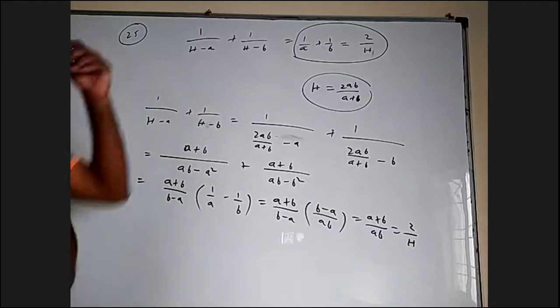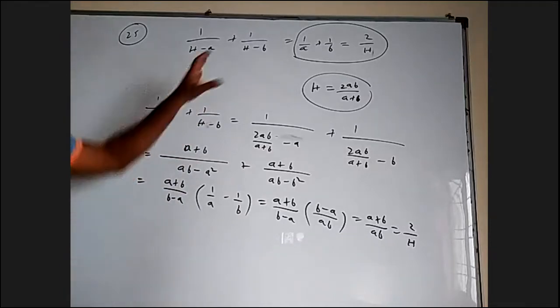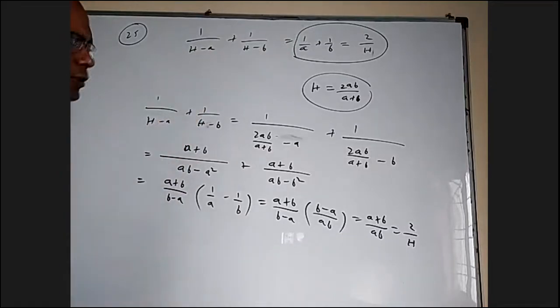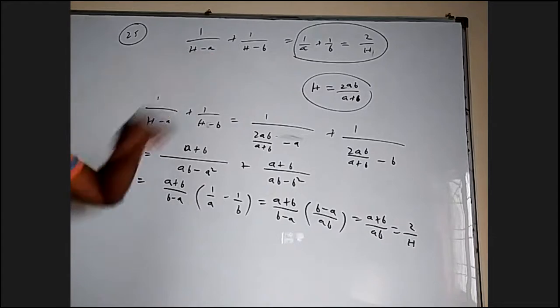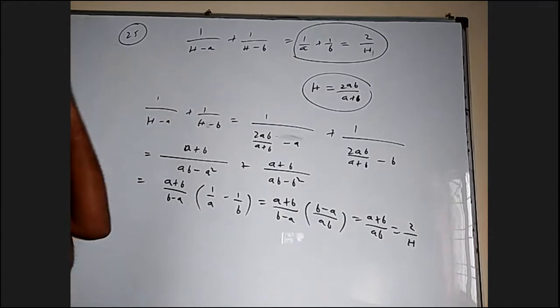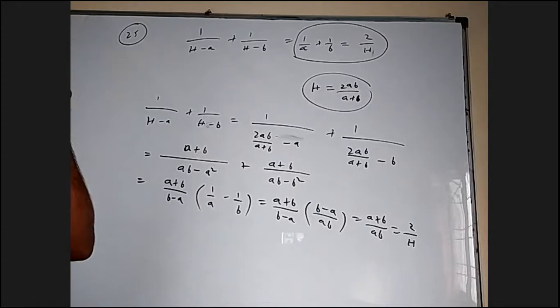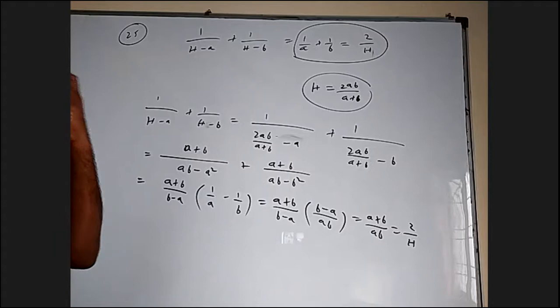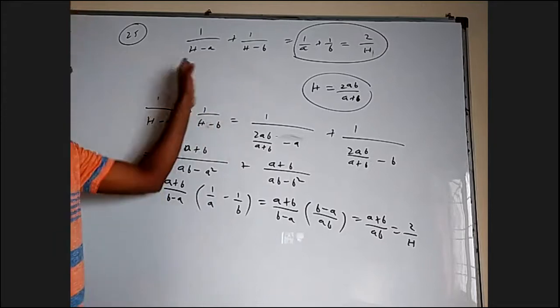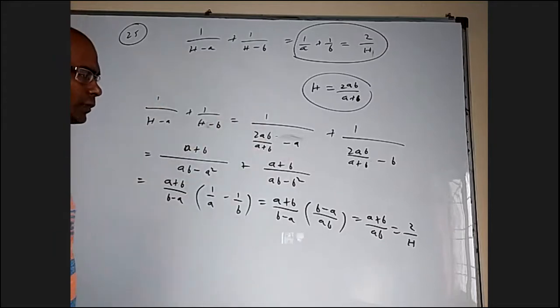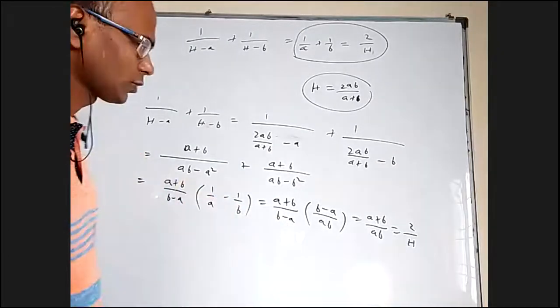Apart from proving, I'm not fully sure how somebody could make a question. Of course, by simplification, they can make a question. What is the big deal? But is there something else also? Okay, just copy this. It is also 1 by A plus 1 by B that we got here.